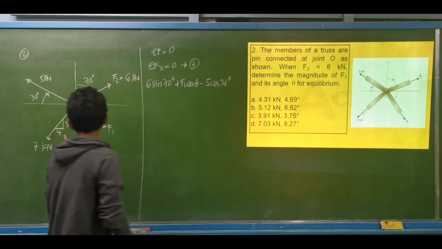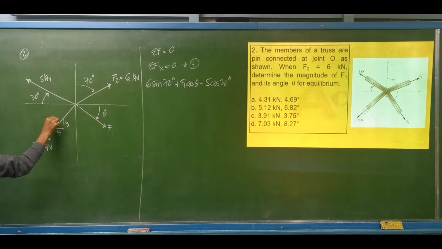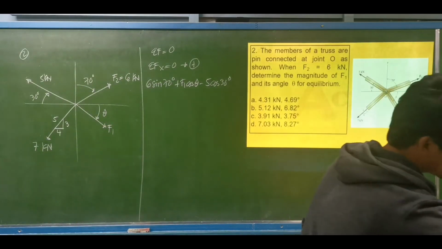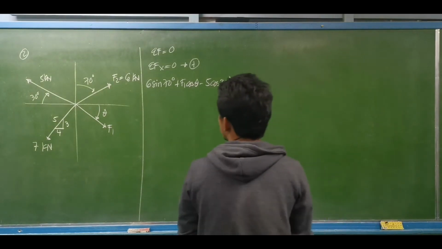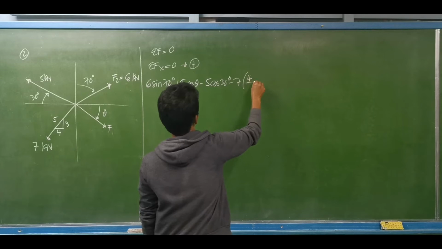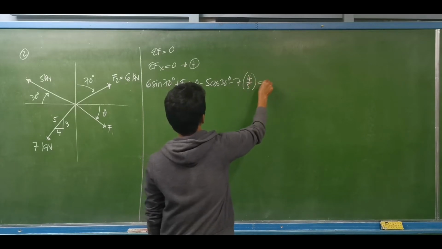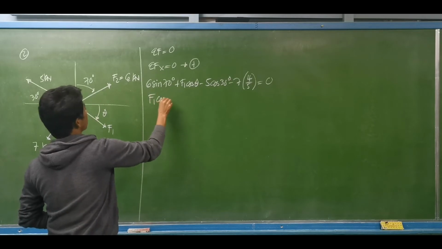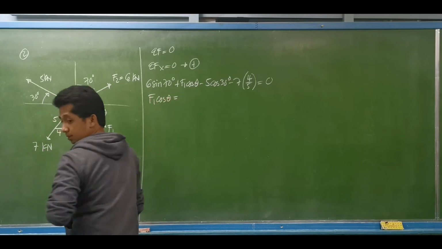And the 7, this is a 3, 4, 5 slope. So that will be minus 7, its horizontal component is 4 over 5, equal to 0. So let's have the equivalent of F1 cosine of theta.